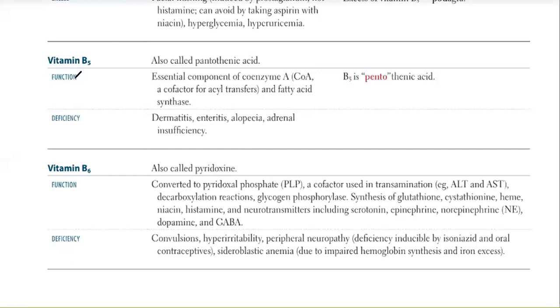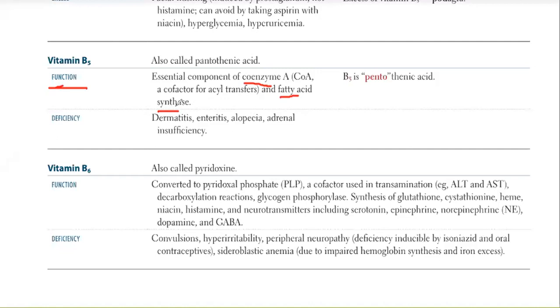So you understand the functions of vitamin B5: it is an essential component of coenzyme A and fatty acid synthase. So you have to remember these names of enzymes along with this, okay? Because in all the functions we have been studying, for example, in vitamin B1, I told you that B1 is an important component of dehydrogenase enzymes.